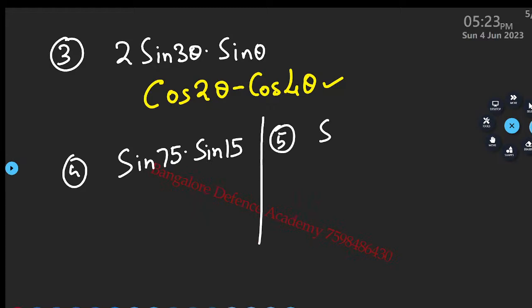Take like this. Sin 75 into cos 15. Now do it into cos 15.